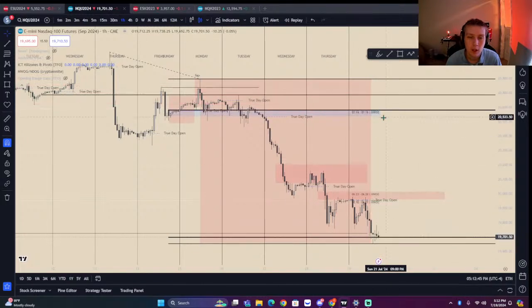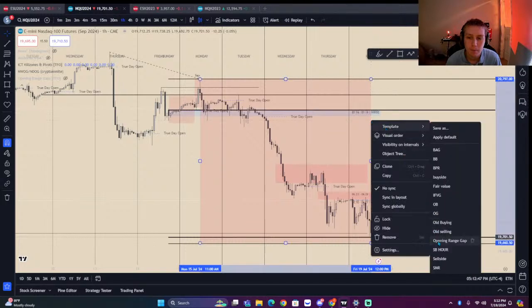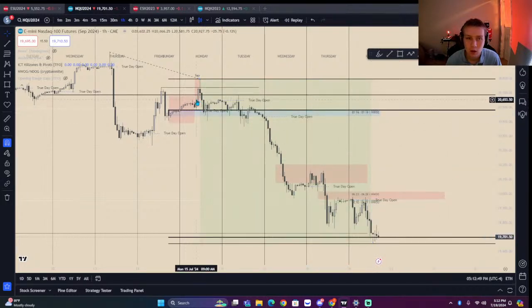I don't think I need that gap there. Accumulation, manipulation, and then distribution of this. I'm not going to put these gaps on here.